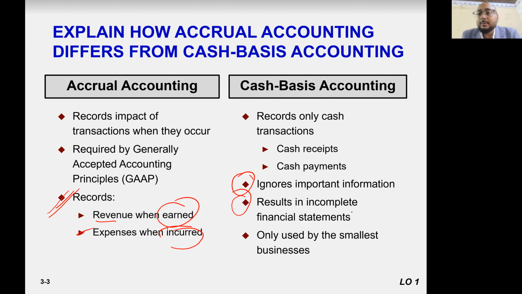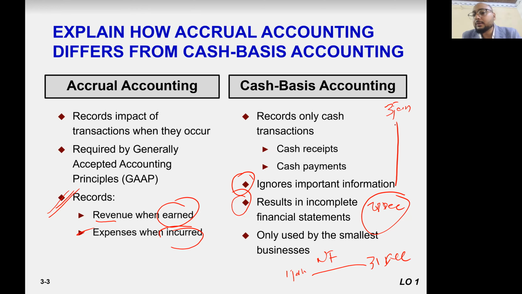How is that? Because you have to make the accounting statements, for example, the income statement, the net income statement. It is for 1st of January to 31st of December. So you sold on 28th of December, a big order, but the cash will be received next year, 3rd January. So you are making financial statements on 31st of December.